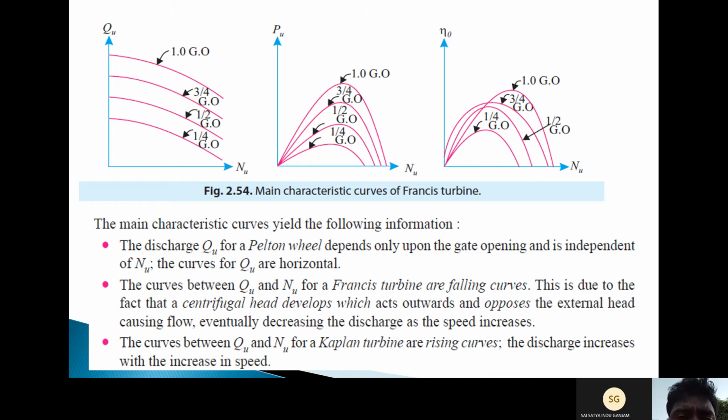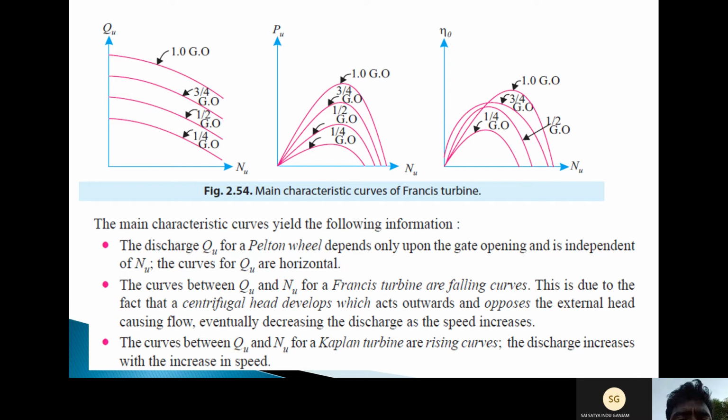In the main characteristic curves, the discharge versus speed of a Pelton wheel, depending upon the gate opening and different speeds, gives curves of Q-u that are horizontal lines. The curves between discharge and speed for the Francis turbine are falling curves.